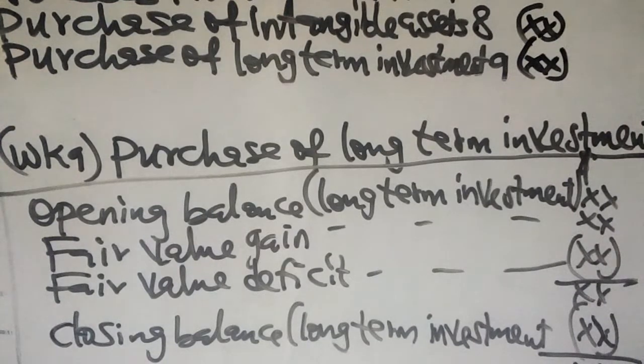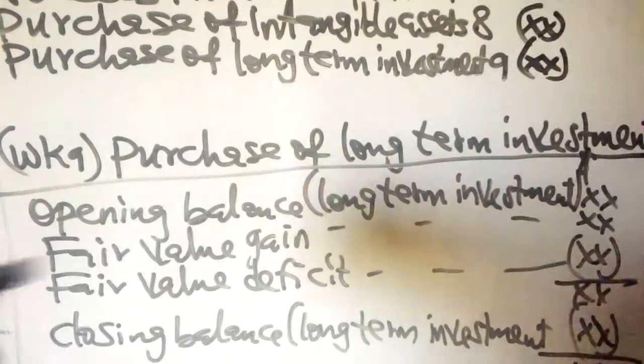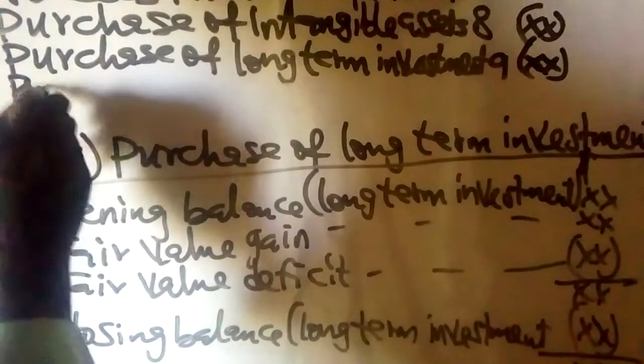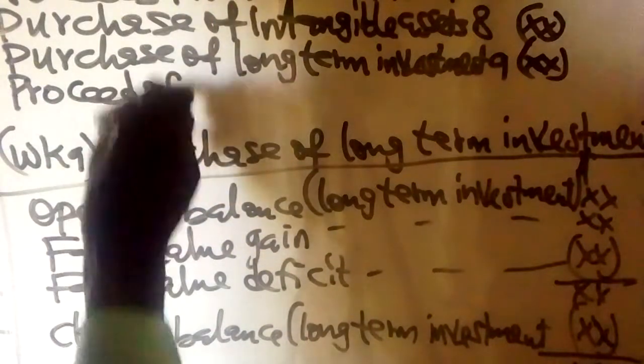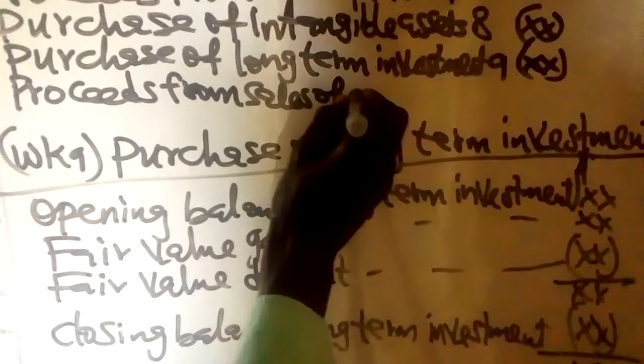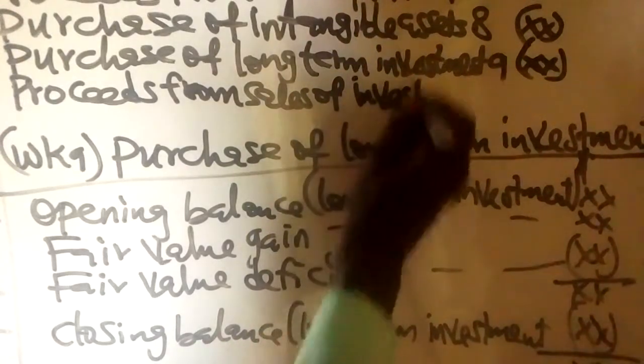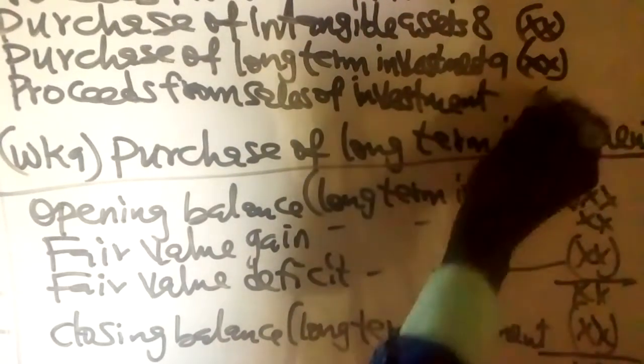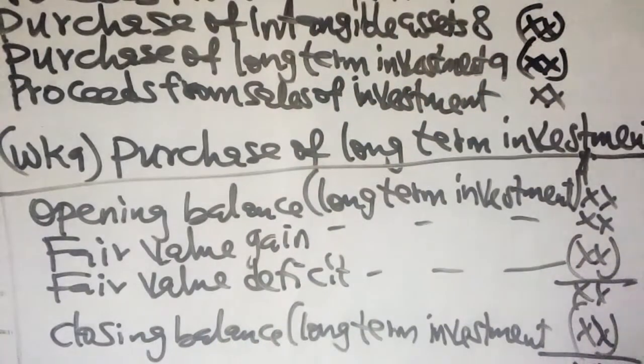Then the next item is proceeds from sales of investment. Where long-term investments are sold, you have the proceeds from sales of long-term investment. Proceeds is an inflow, so you report that as an investing activity.